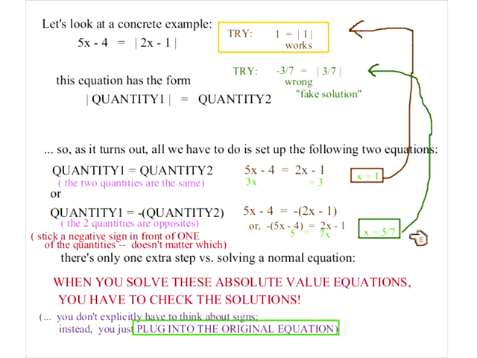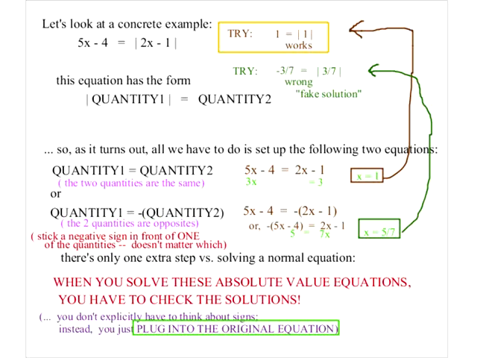A lot of people studying for this test very much like rules and patterns and stuff like that. And there are patterns to which things will solve the equation and which things won't, but they're not worth memorizing, because it's so simple to just plug back into the equation. So you're better off just solving these guys and plugging them back in.